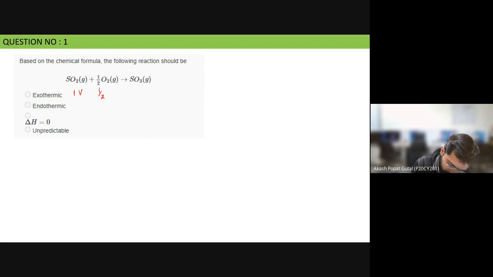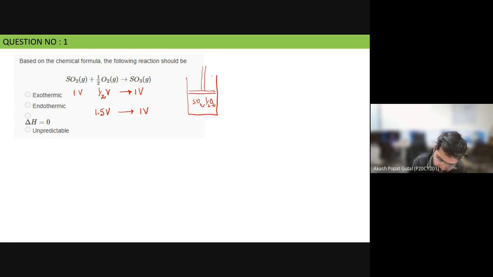So the O2 will be half the volume, and when SO3 is formed, only one volume is formed. So what is happening? The reactants have 1.5 volumes, which is converting into only one volume. If it is a reaction chamber, there is SO2 and half O2, and when the reaction happens, there is external pressure.